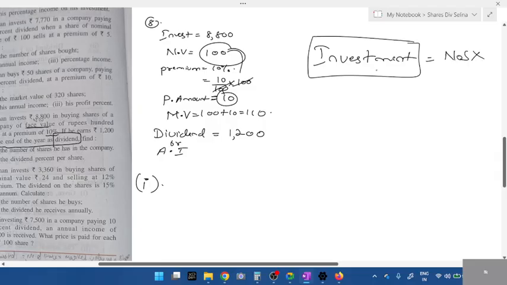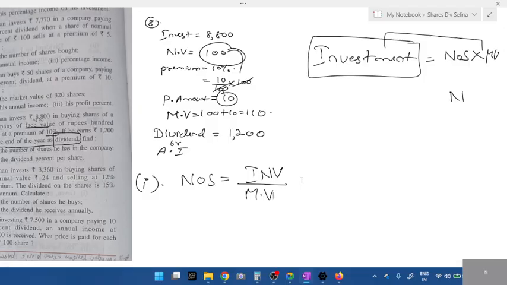Number of shares into market value. How do you find number of shares? Write the formula. Calculate it. Oh, correct, investment is given.